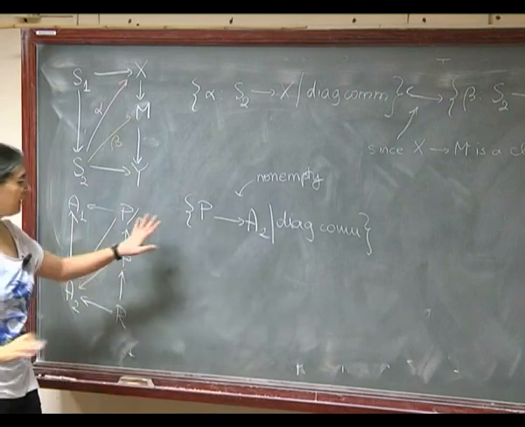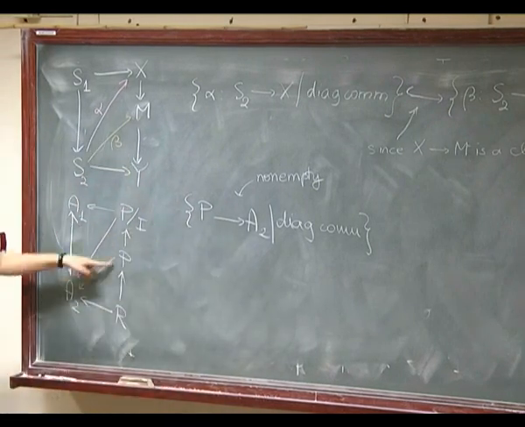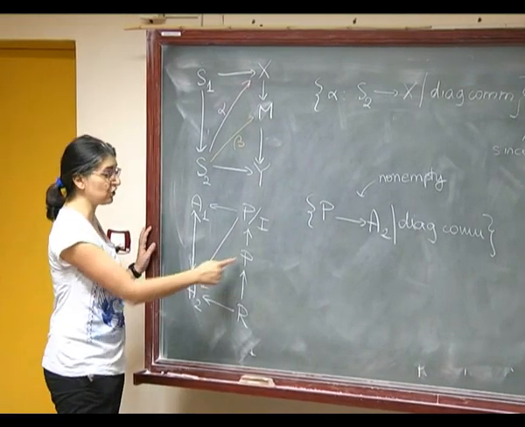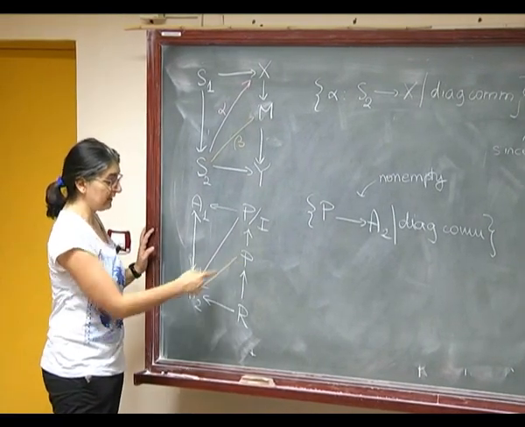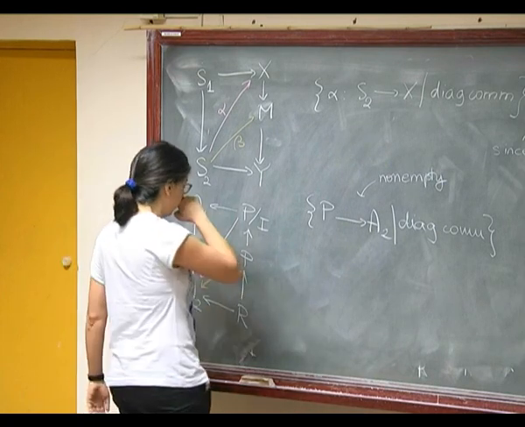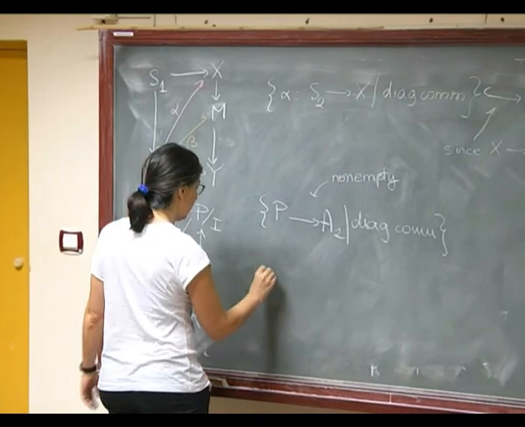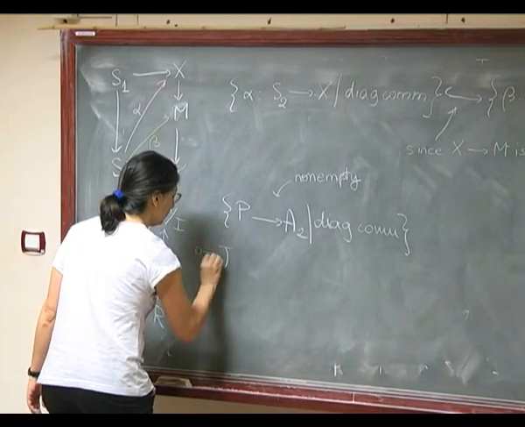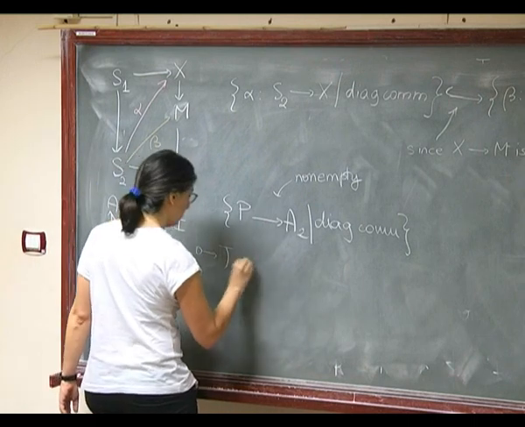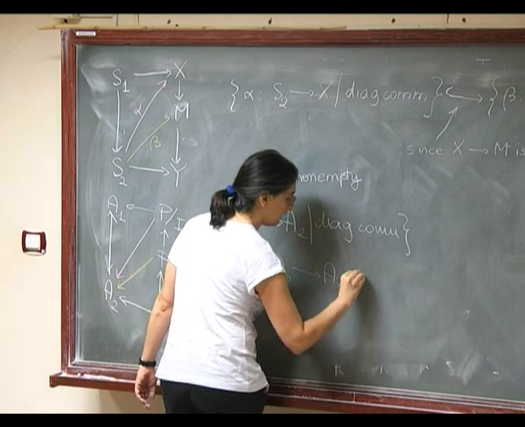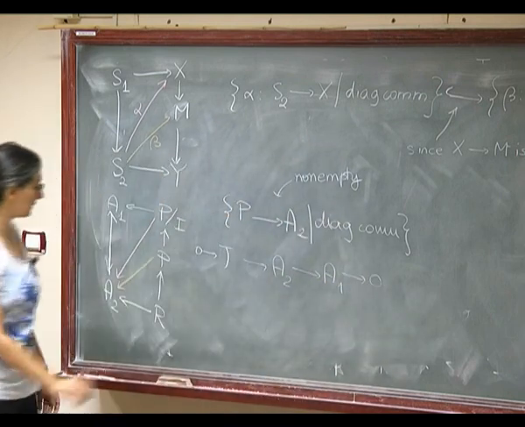Well, before, this is P to A2. And of course, if I have such a map from P to A2, remember this comes from, I know that, so let me write 0 goes to J, goes to A2, goes to A1, goes to 0.